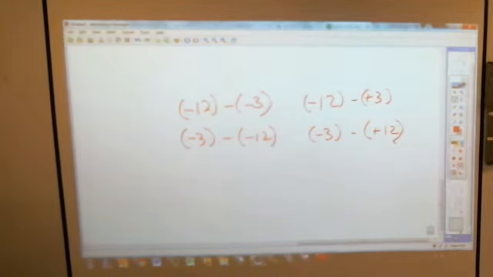Answers, do we have them? Well, it's just adding them, 12 and 3. You're either going to get 15 or 9. You're either going to add them together, or take them away.